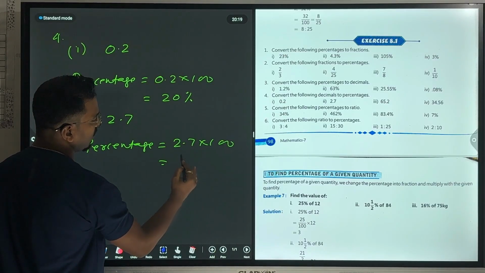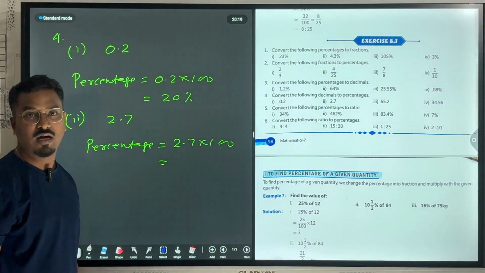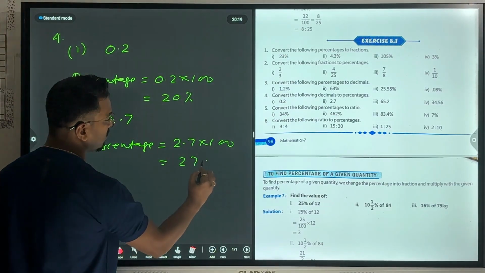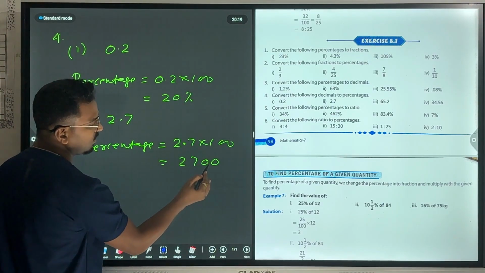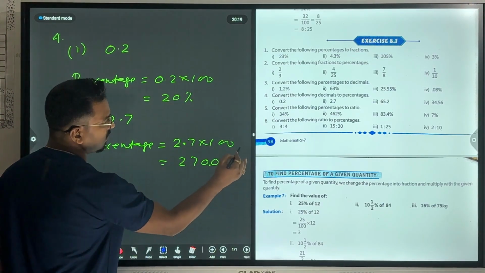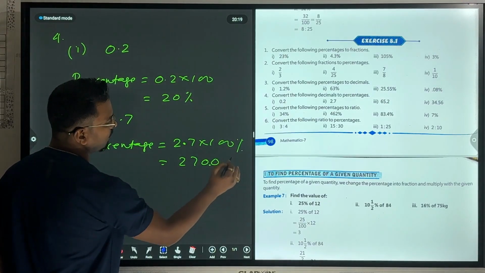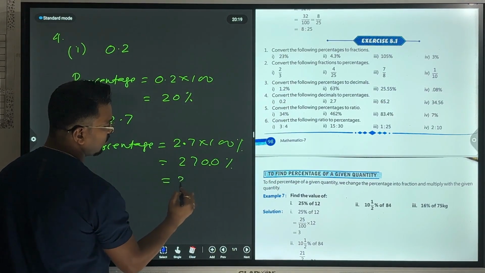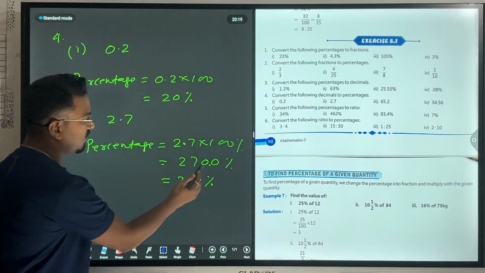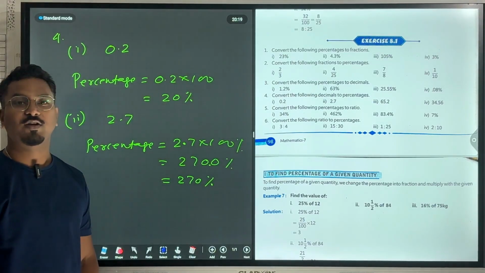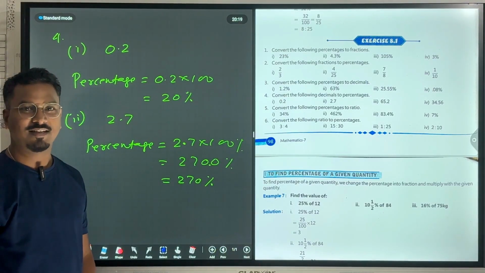So if you multiply 27 into 100, it will become 2700, right? But after decimal, how many digits are there? 1 digit. So it will move to this place. Okay, you write down percentage here. So you can write 270%. Clear?